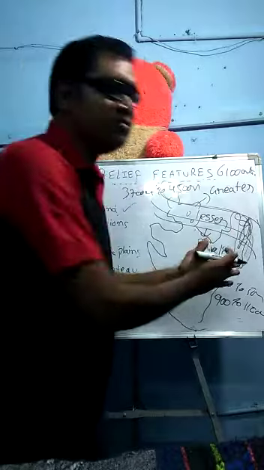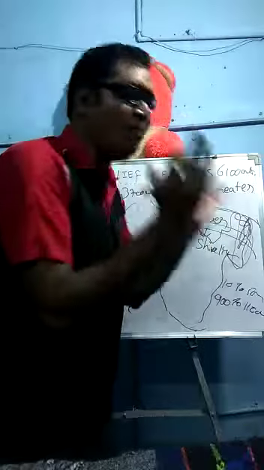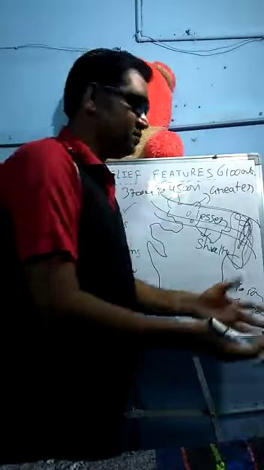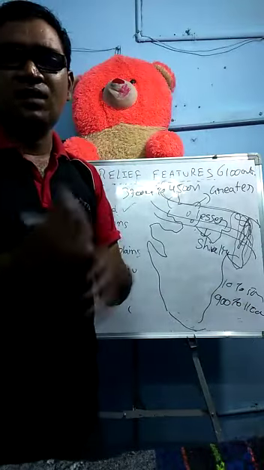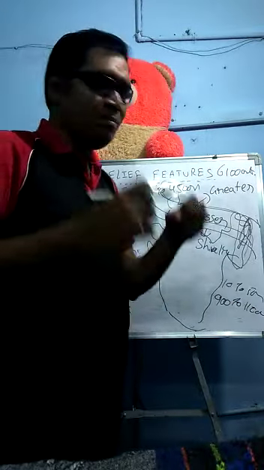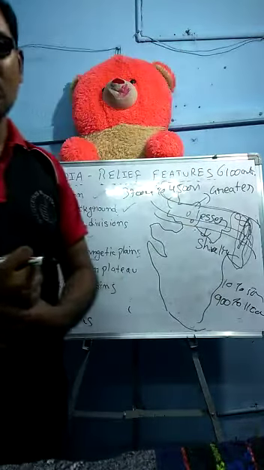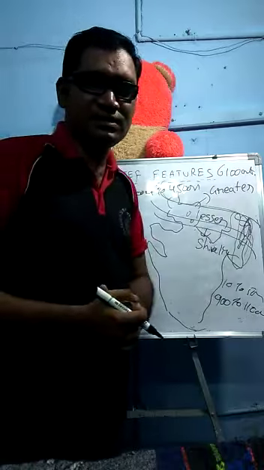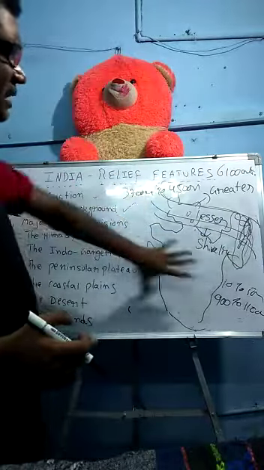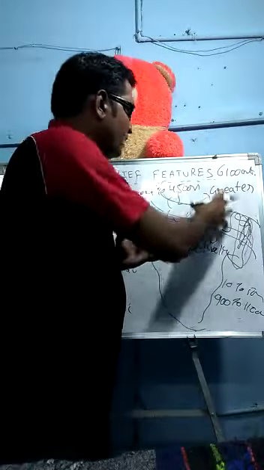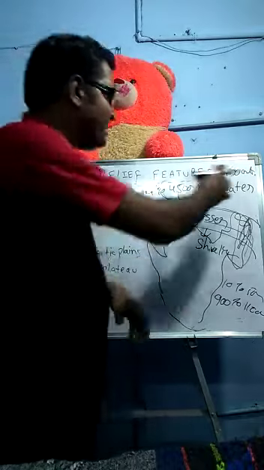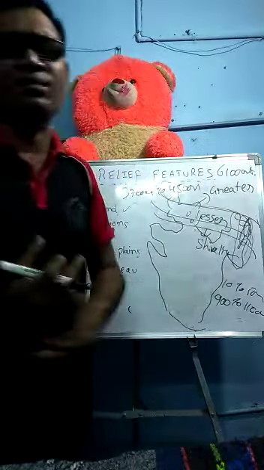The Purvanchal region is a combination of many hills: Naga Hills, Khasi Hills, Manipuri Hills, Mizo Hills. That combination we call the Purvanchal. These are the details of the Himalayan ranges: greater, lesser, and Shivalik together are the Himalayas.